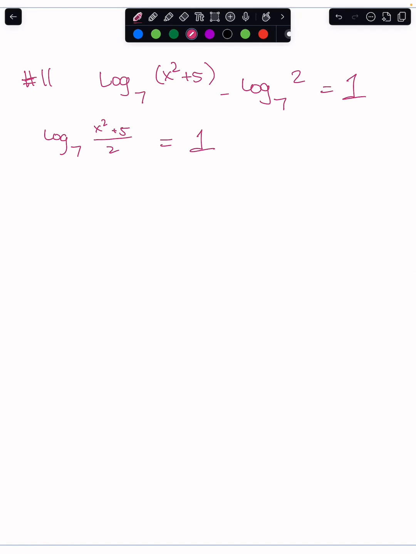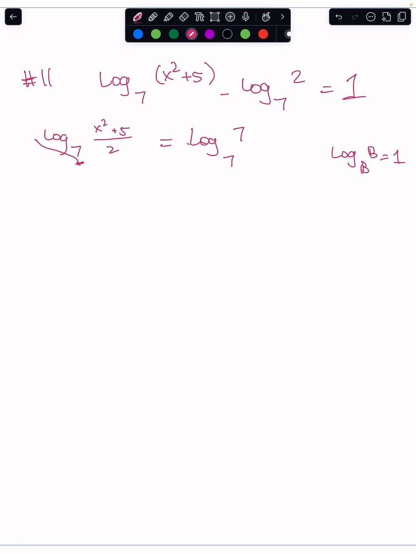And remember that rule was, I'm going to draw it off to the side. Log this to that equaled 1, but this had to be the same number. And since I'm already dealing with 7, let's change this to log of 7 to the 7. Anytime you have the base and the big number to itself, that equals 1.